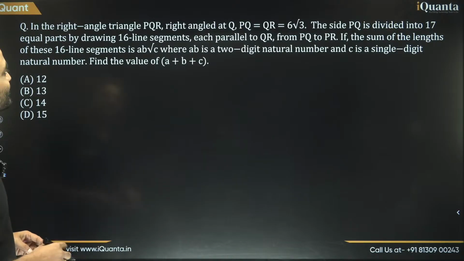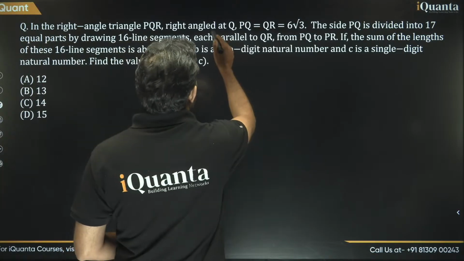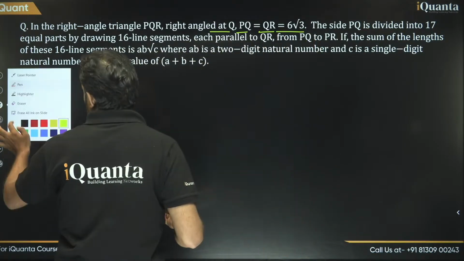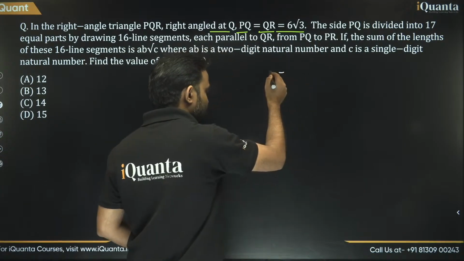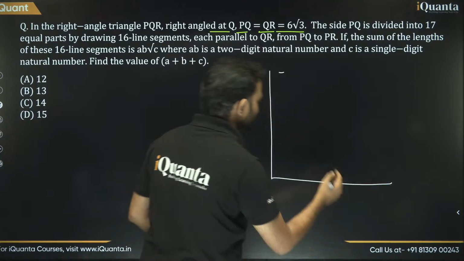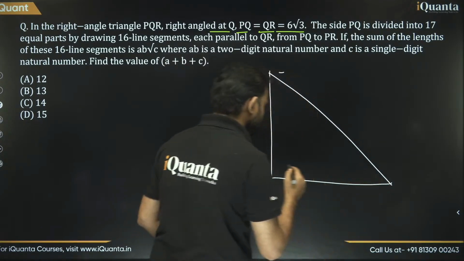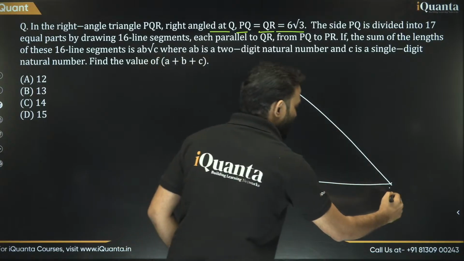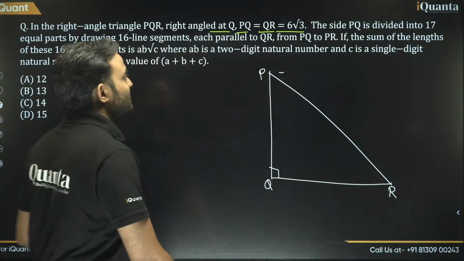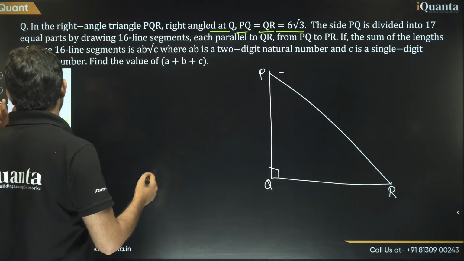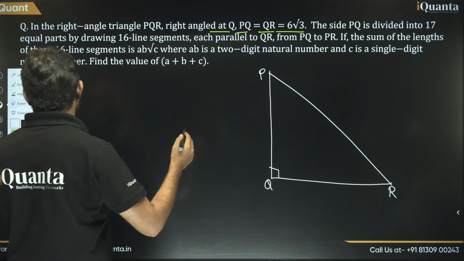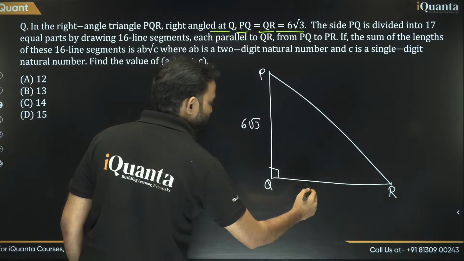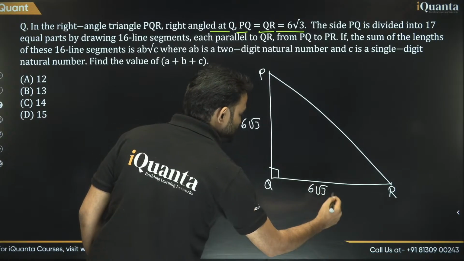In the right angle triangle PQR, right angled at Q, PQ is equal to QR is equal to 6 root 3. So let's draw the triangle first. This is PQR, right angled at Q. Now it says PQ is equal to 6 root 3 as well as QR is equal to 6 root 3.